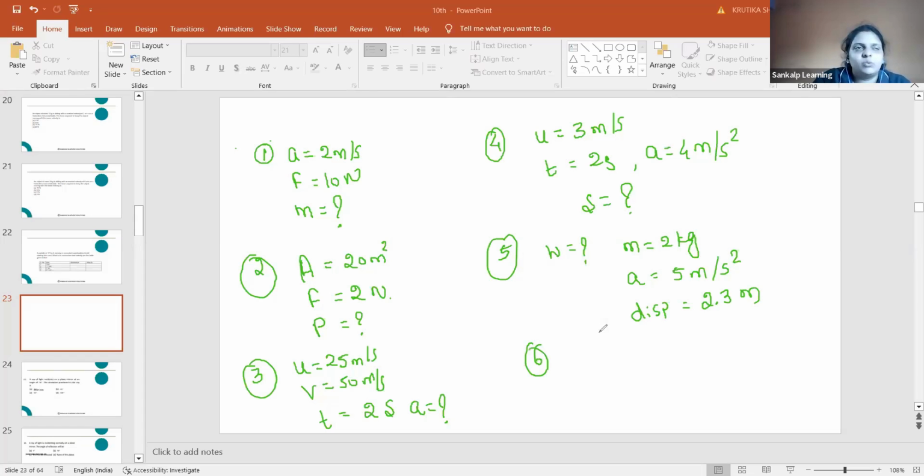Then one more question. Based on work done is over. Okay, now based on gravitation I'll give. I have m1 is equal to m2 is equal to 5 kg. Then I have the g value, you know. If you don't know, I'll write here. It is 6.67 into 10 raised to minus 11.